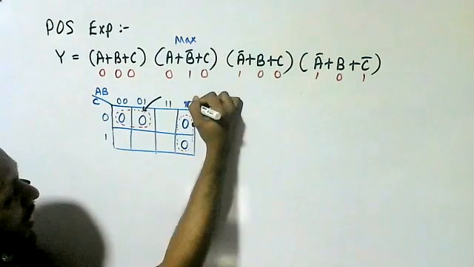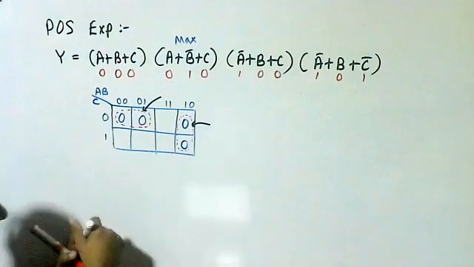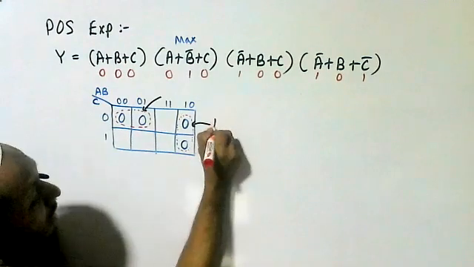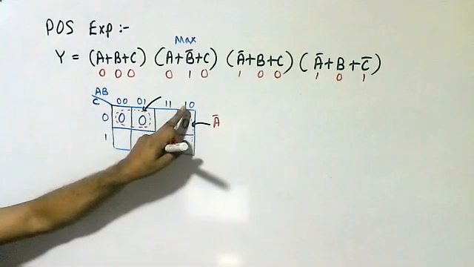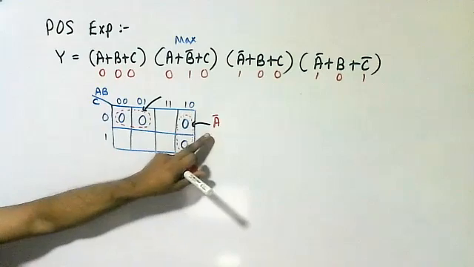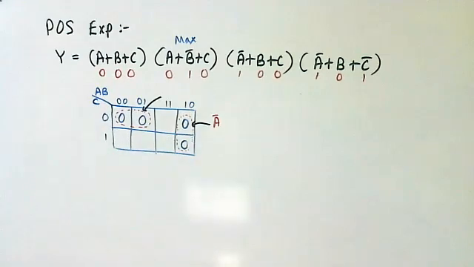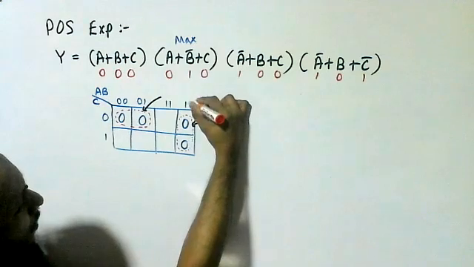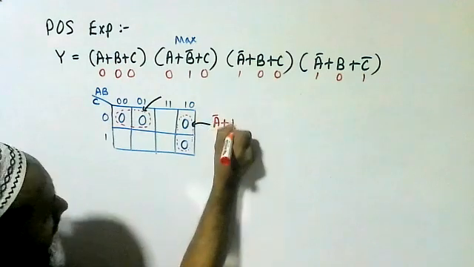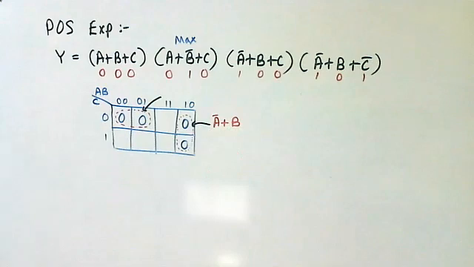So A is 1. If any variable is 1, we have to take the complement of that variable, so A bar. And B is 0. B 0 means directly we can have the B.